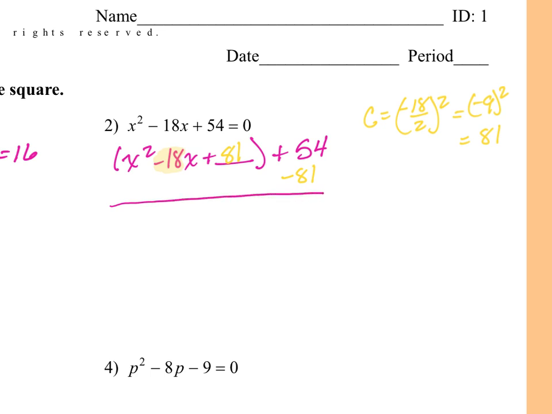And I want to rewrite what's inside my parenthesis as a perfect square. So that becomes x and then whatever's inside my parenthesis, whatever I squared here. So that's minus 9 squared. Whew. Okay. Negative 27. Yeah, that should be right.